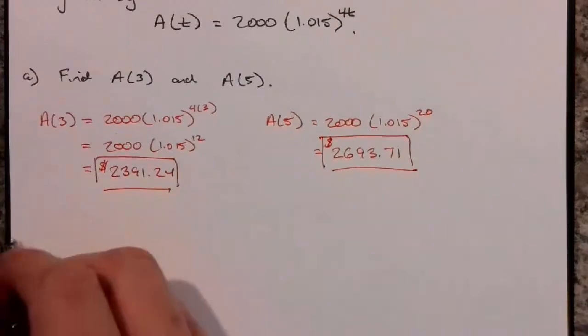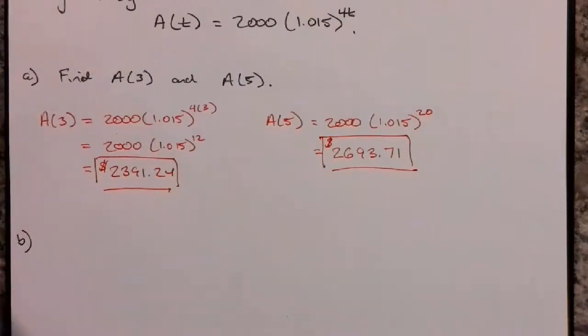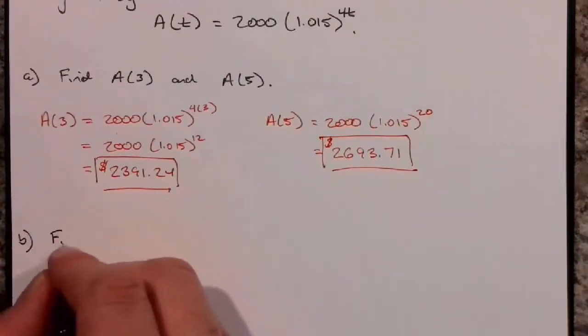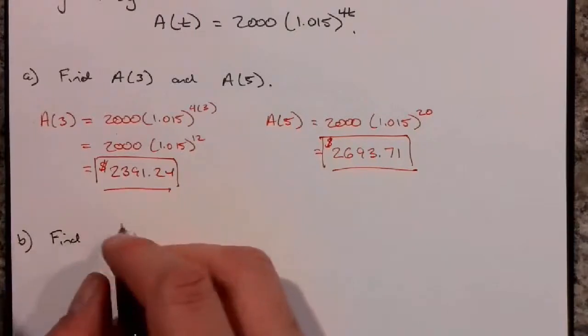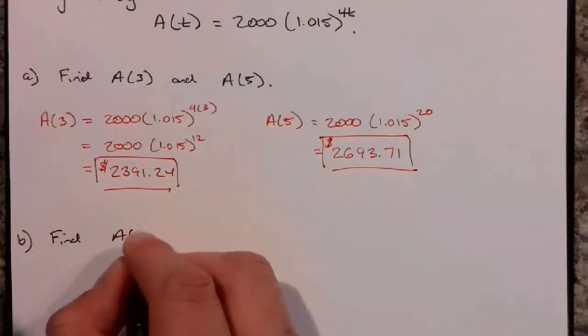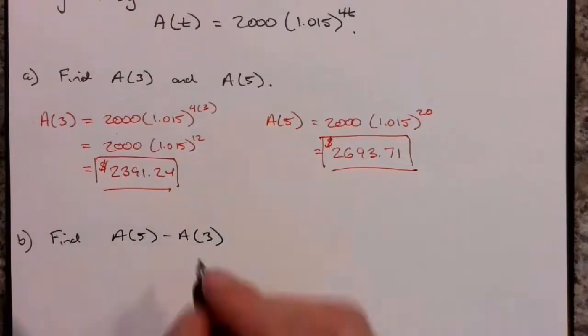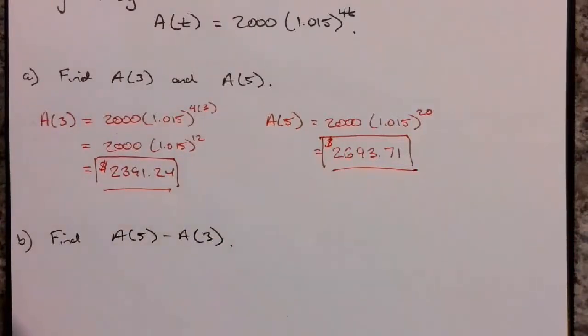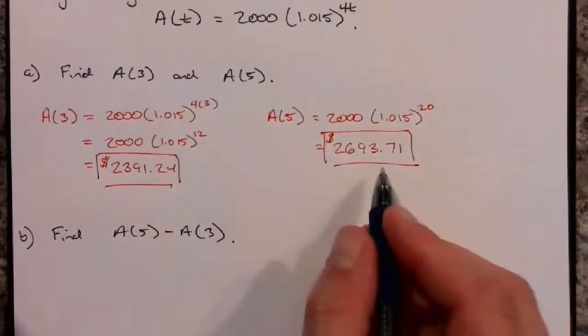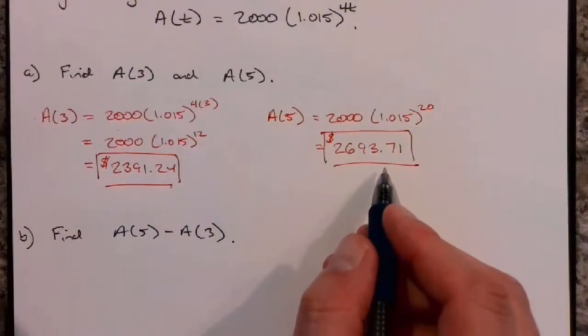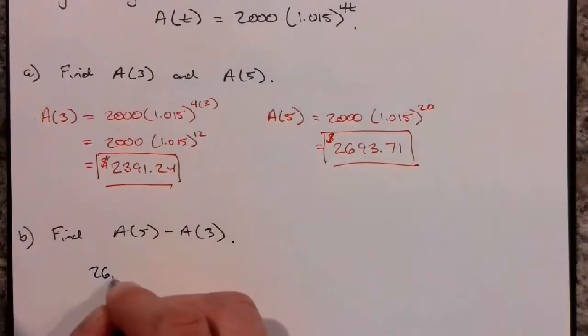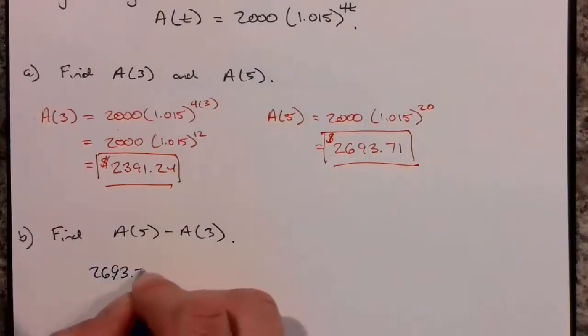Part B, we'll have to find A of 5 minus A of 3. Well, this isn't challenging. It shouldn't be, right? A of 5 you just found was 2693.71.